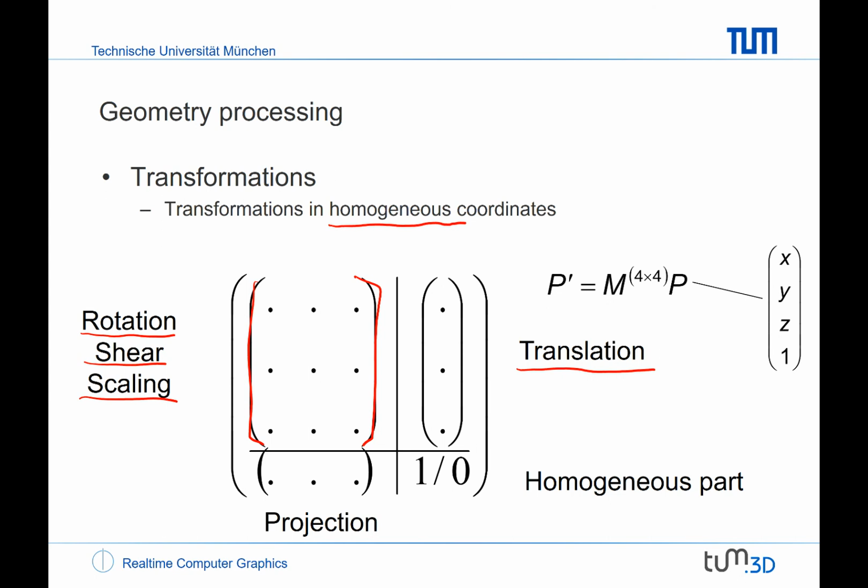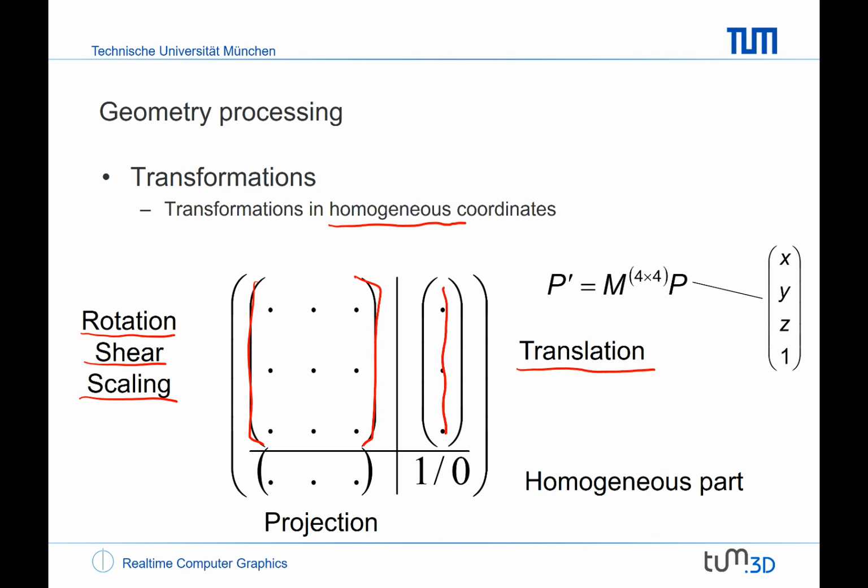Such an operation cannot be encoded into a 3x3 transformation matrix. And therefore, we just extend the transformation matrix from 3x3 to 4x4, so that in these three components we can encode the translation.